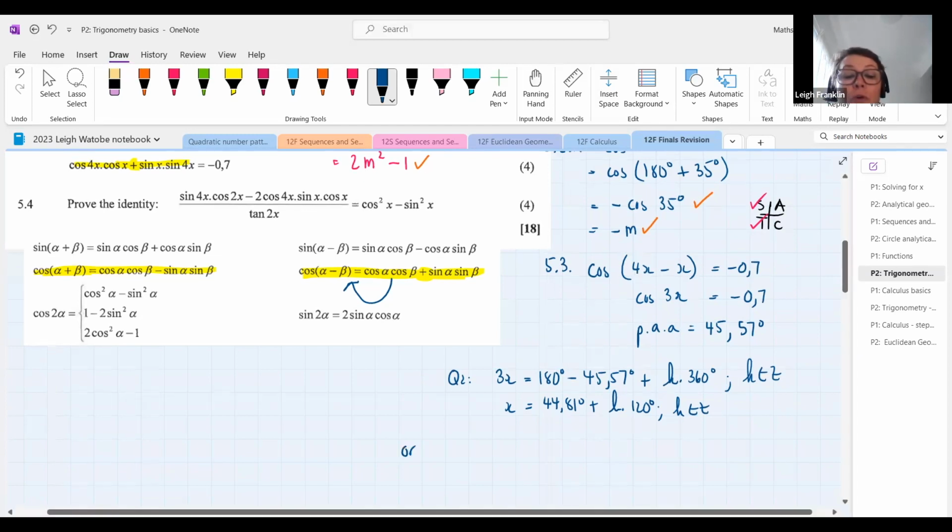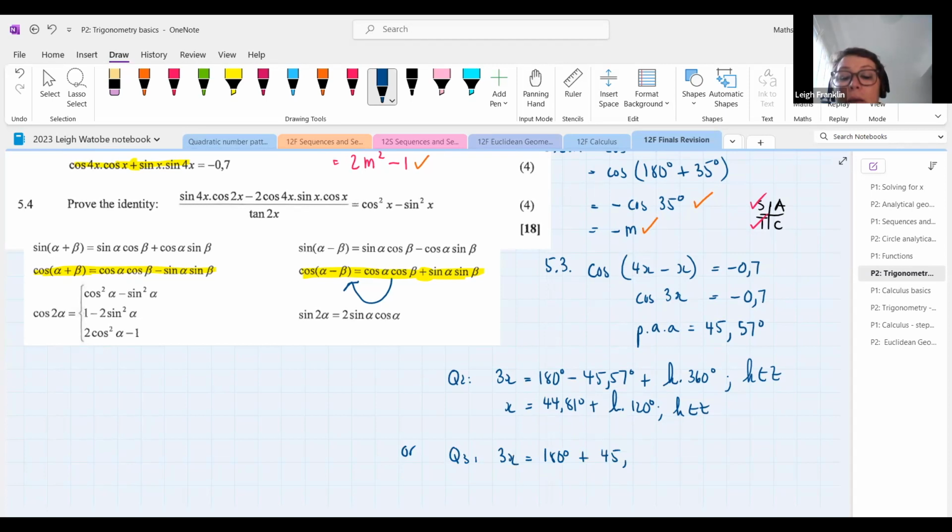Or we have to work in quadrant 3. In quadrant 3, we would say 3x equals 180 plus our PAA plus k times 360, because remember the period of a cos graph is 360 degrees.